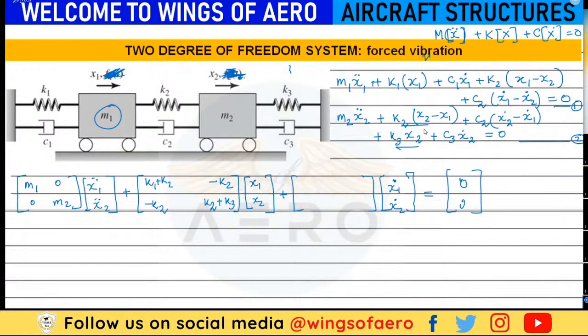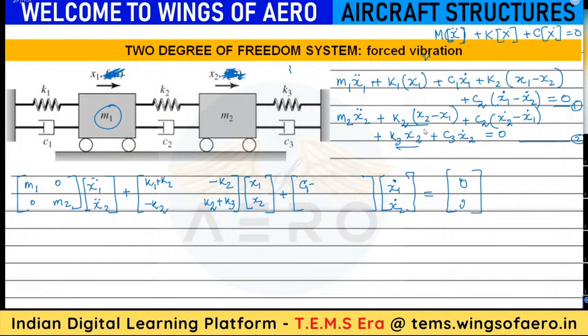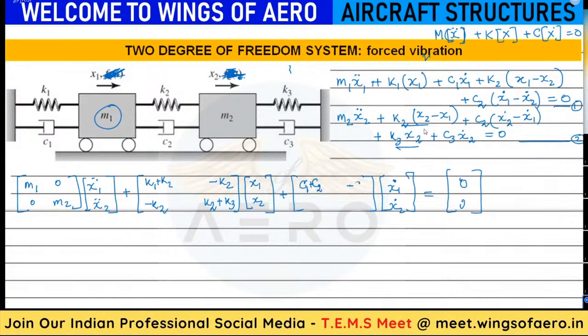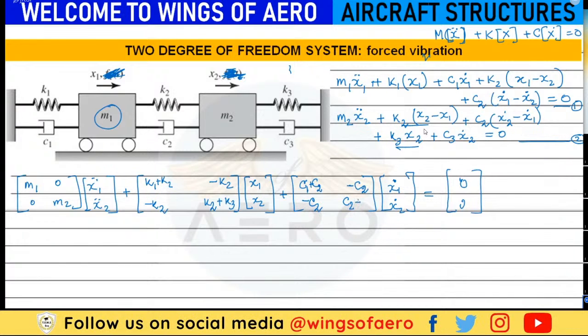Now see how to write C from here. You write C1 plus C2, then minus C2. Similarly for the second row, minus C2, and here you write C2 plus C3.